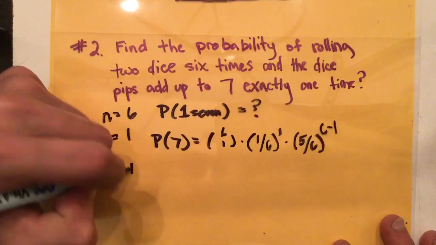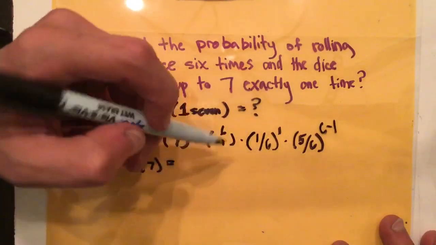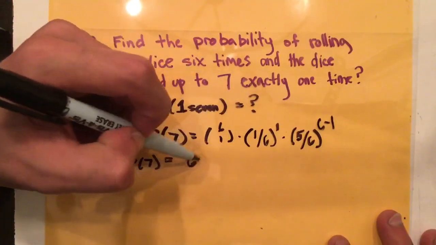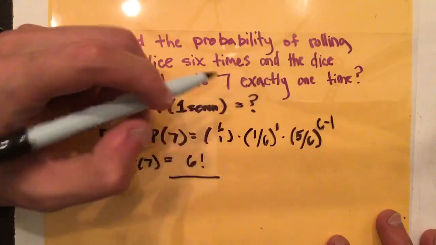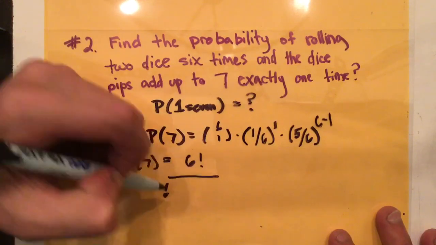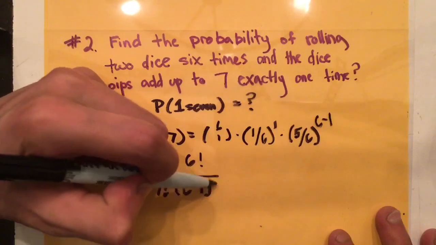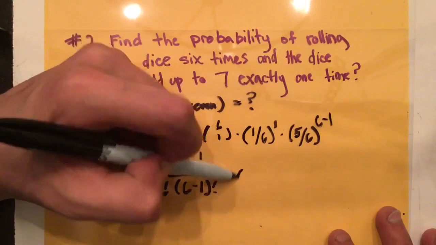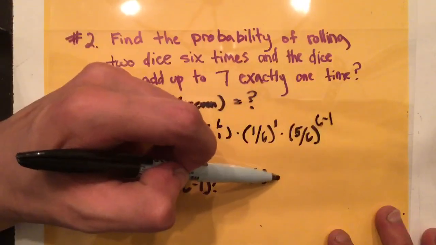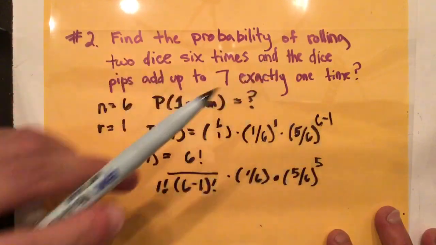So here, going to expand that out. We have the probability of rolling just one 7 out of the 6 die rolls is equal to 6 factorial divided by 1 factorial times 6 minus 1 factorial, times 1/6, because 1/6 to the 1 power is just 1/6, times 5/6 to the 5th power.